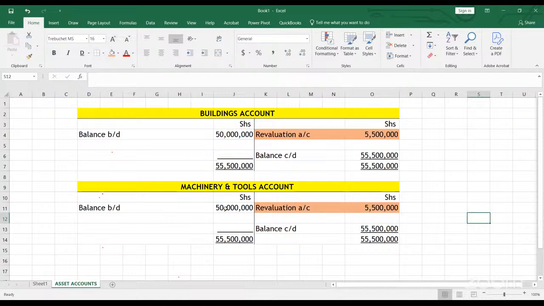How much is the balance brought down for the machinery? 30.5 million. Then the revalued amount is how much? 28 millions. That's the revalued amount.